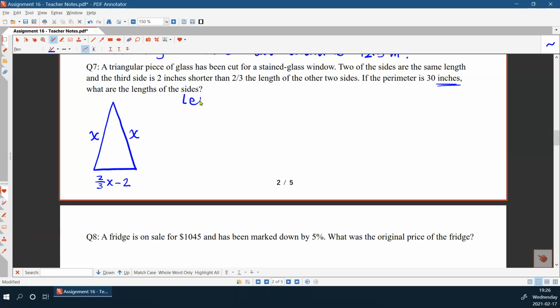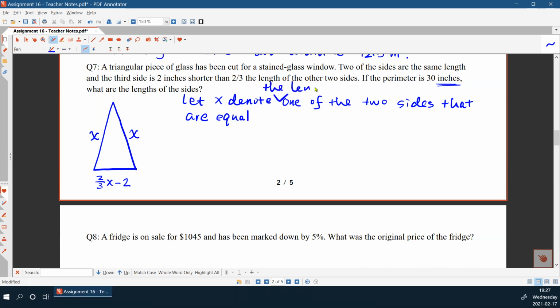So here X denotes the length of one of the two equal sides. Unit is inch.